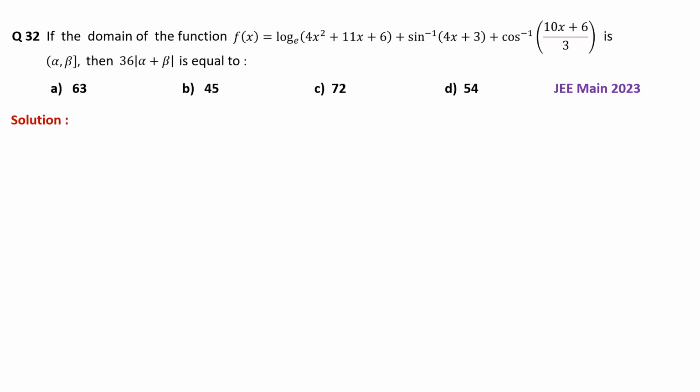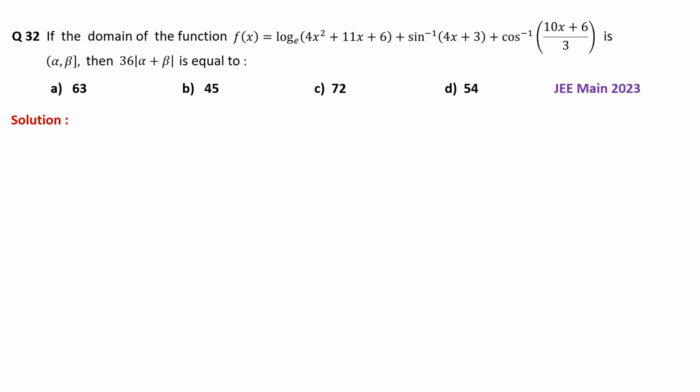So basically in this question we have to find the domain of the function fx, because from that domain we will be getting the values of alpha and beta, and then we will put in the expression 36 into mod of alpha plus beta and hence find its value.